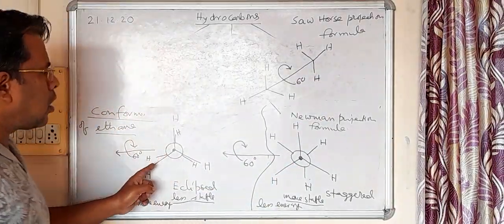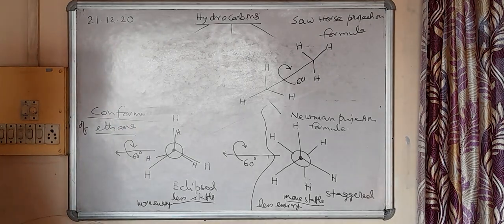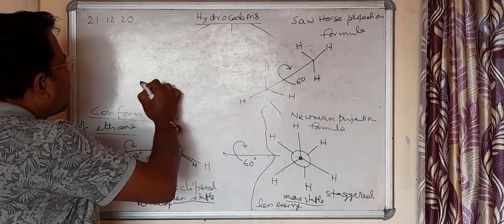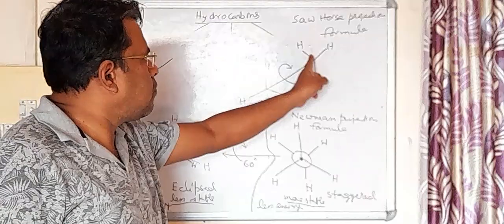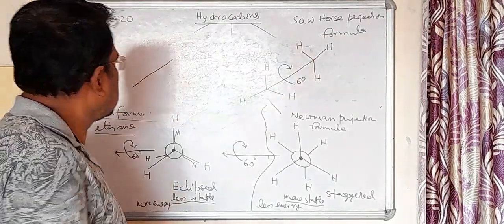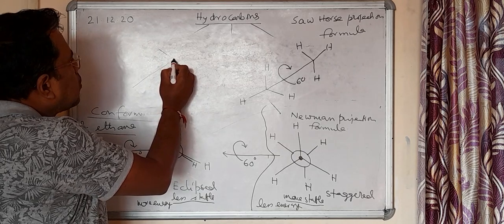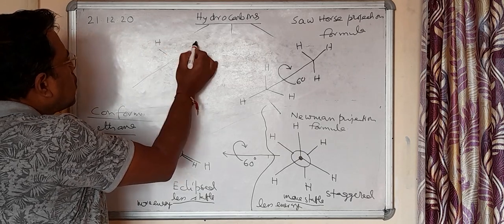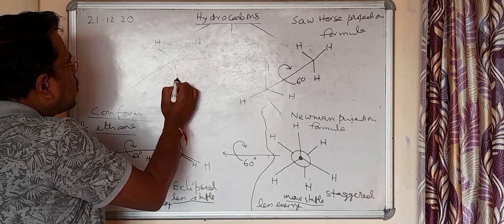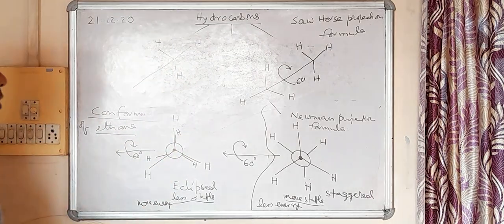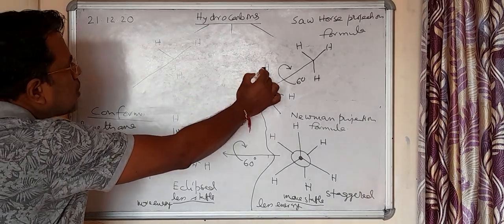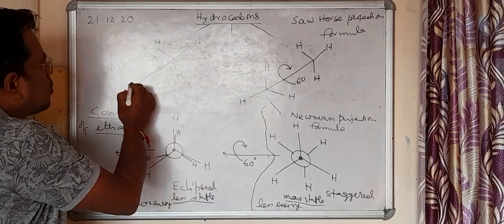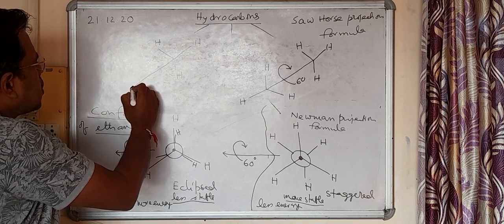So this one is the eclipse form; how will we represent it according to Sawhorse? Suppose we keep this carbon atom fixed, and this one will rotate. So this one on rotating will come here, and then we show it like this.